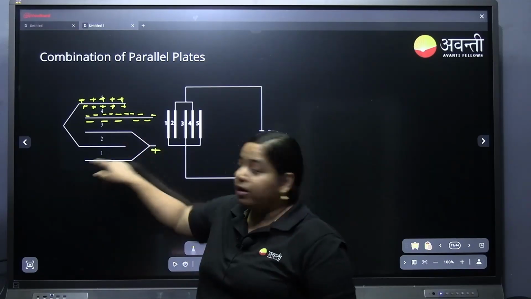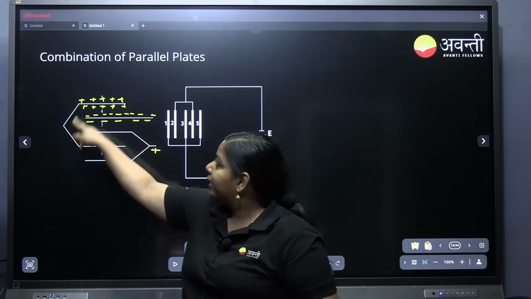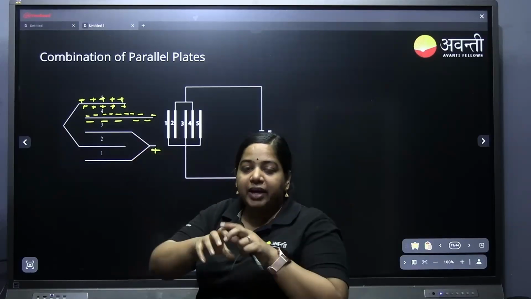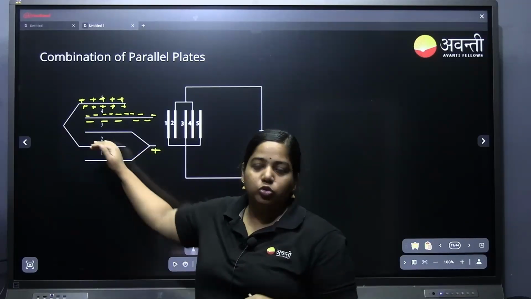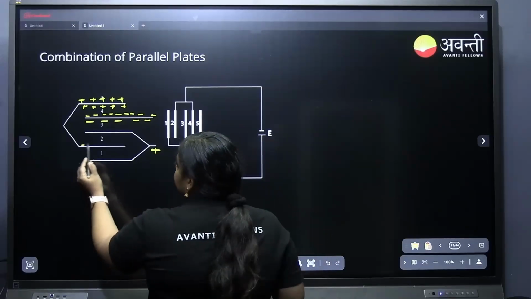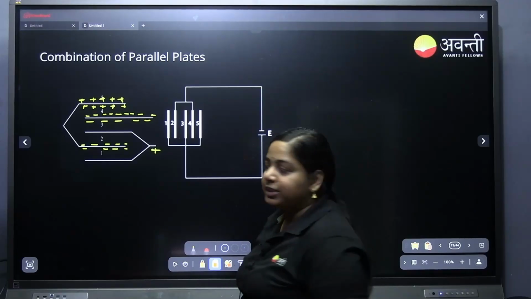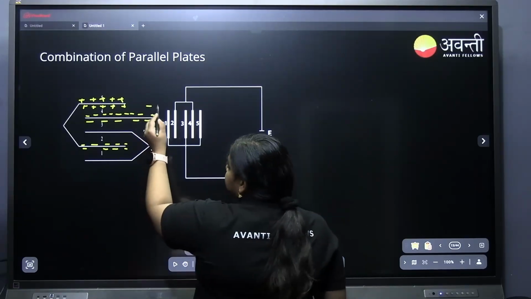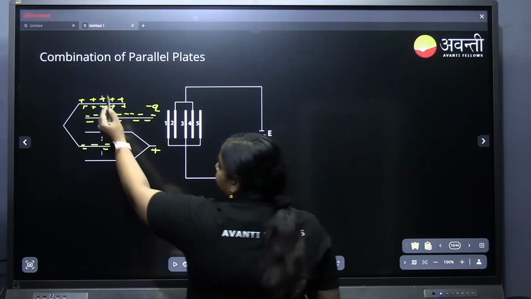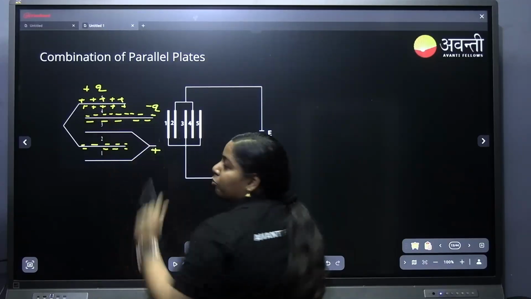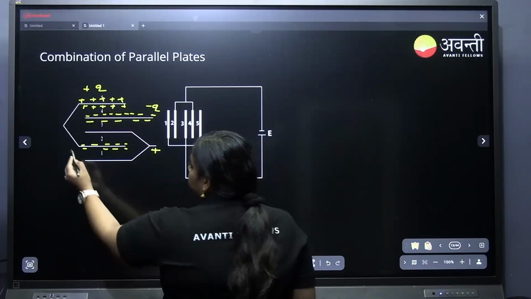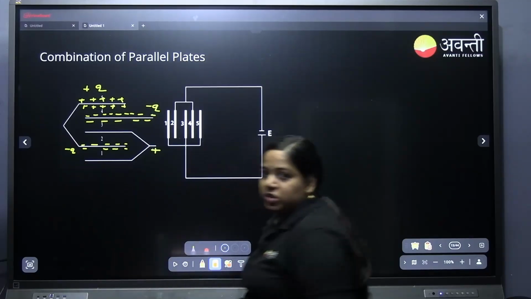Now since 5 and 2 are connected together, and 5 took all the positive charges, 2 will remain with negative charge. If minus q charge is given to 4, this will be plus q. 5 will have plus q charge. Similarly, 2 will have minus q charge.